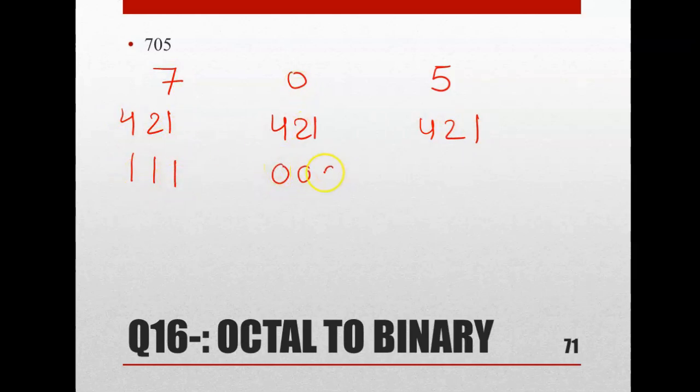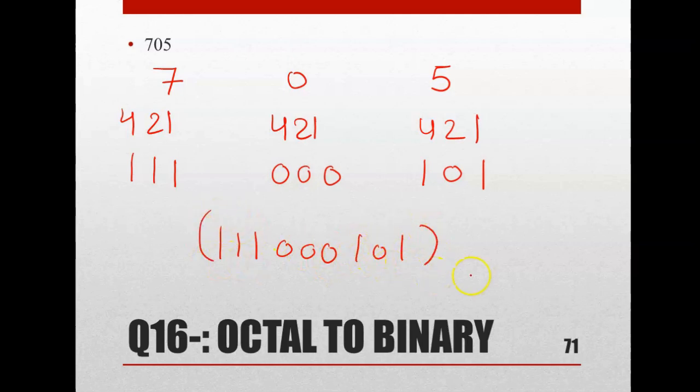Then 0 is 0 only, and then 5 is 4 plus 1, so here it would be 1 0 1. Write them together, so it will give you triple 1 and then 3 zeros and then 1 0 1. Okay, and this is in binary form. So we finished all the three parts of this question number 16 also.